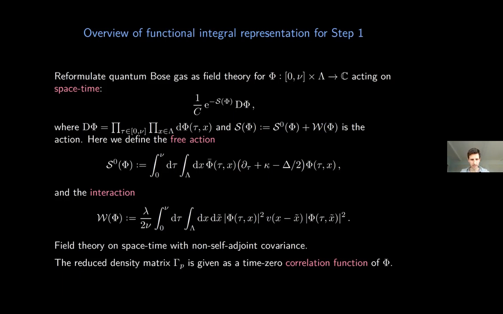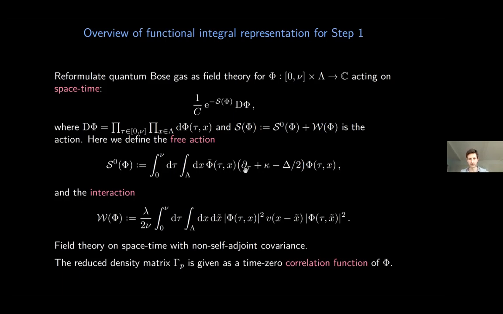This is all very nice. So you've rewritten your theory of Bose gases in terms of field theory, and the price you pay is quite severe. The first price is that you have a field on space-time instead of space, and that's okay. I mean, space-time is also fine. A much worse thing is this term, because it's in fact anti-self-adjoint.